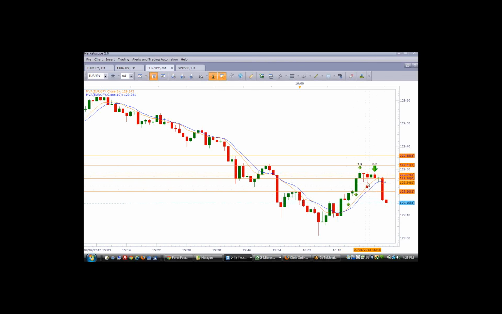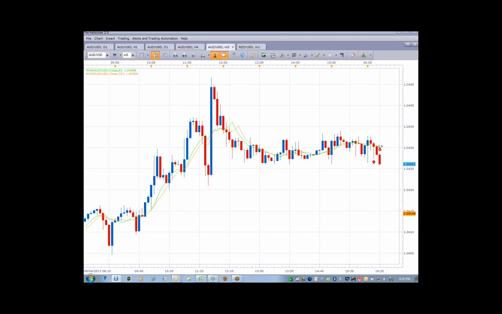This one here was still above the 8 and the 10, so I entered some more, but it didn't want to play the next one, so I just closed within this area here. And the exit now would be this candle right here. That's M3. Oh, beauty. Thanks, Anne. No worries.